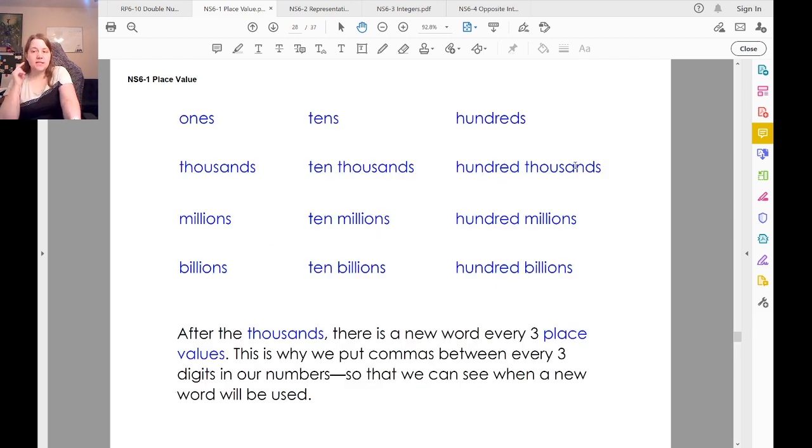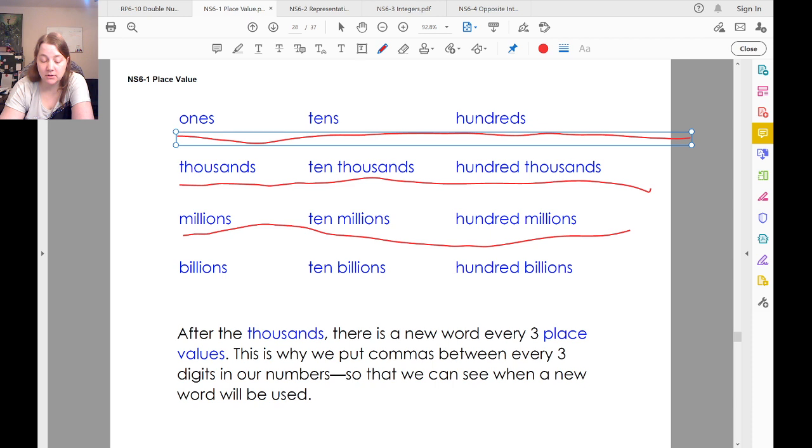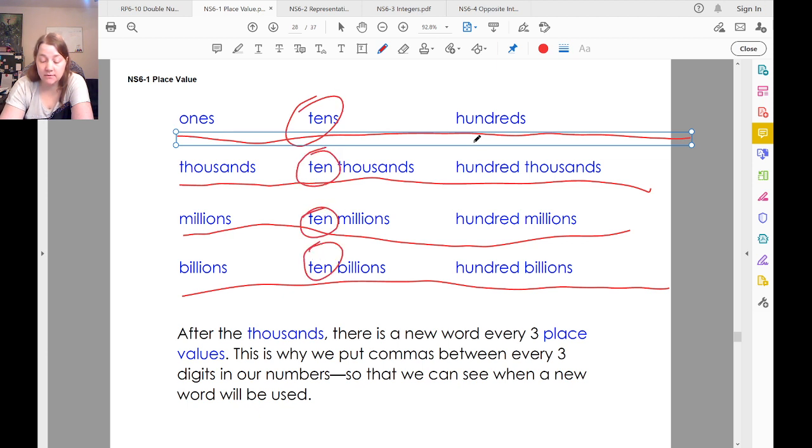So we can see here that they start to talk about what I was talking about. We've got the ones, tens, hundreds, and that's all just the regular old ones place. Then we have thousands, 10,000s, 100,000s, millions, 10 millions, 100 millions, billions, 10 billions, 100 billions. So you can see that they all have the word 10 in the second place and the word 100 in the third place.